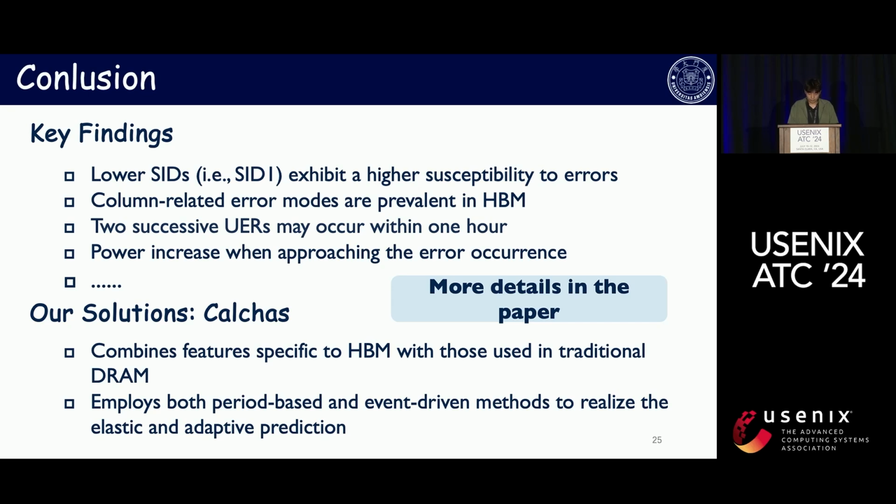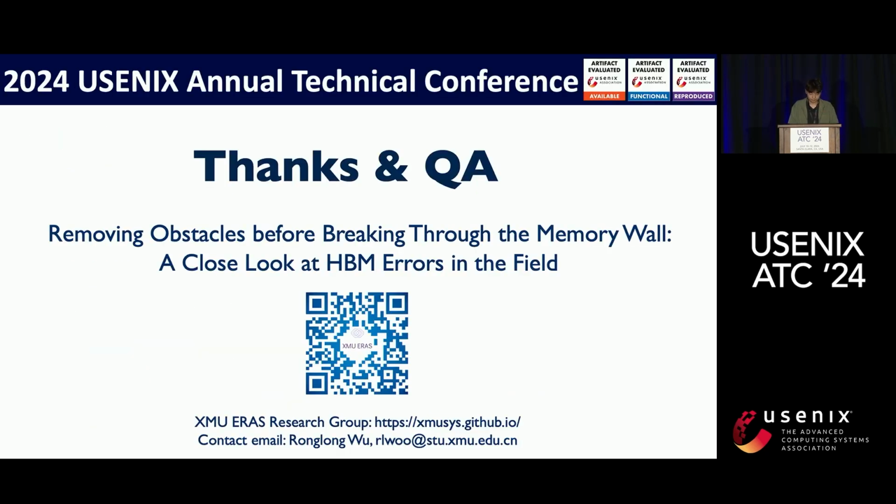Furthermore, we noted variations in power and temperatures before error occurrence. To predict upcoming UERs, we propose Calchas, which combines features specific to HBM with those traditionally used in DRAM predictors. We then employed different prediction timing for different levels of predictors to achieve comprehensive failure prediction.